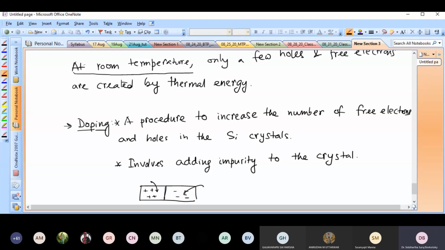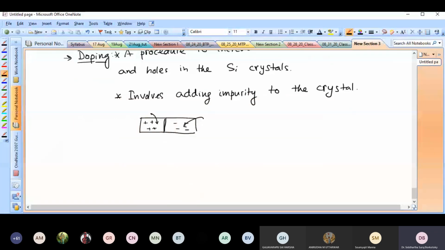Then this combined material behaves in a certain manner, and that lays down the basis for all of electronics.